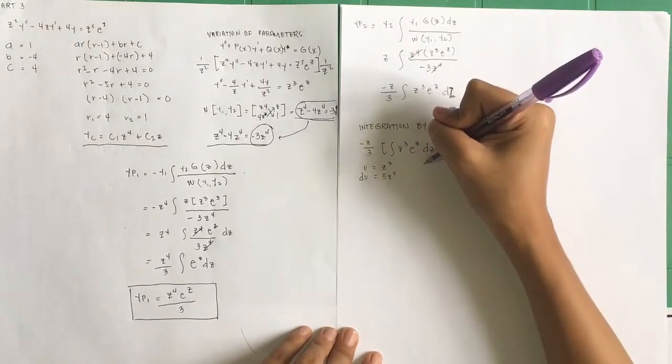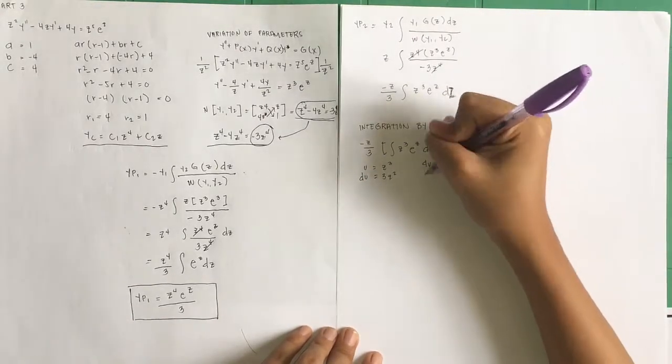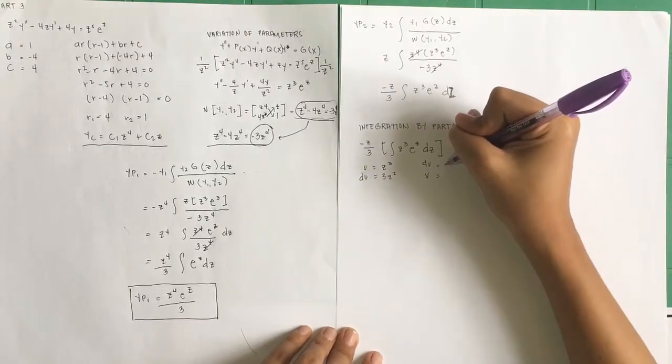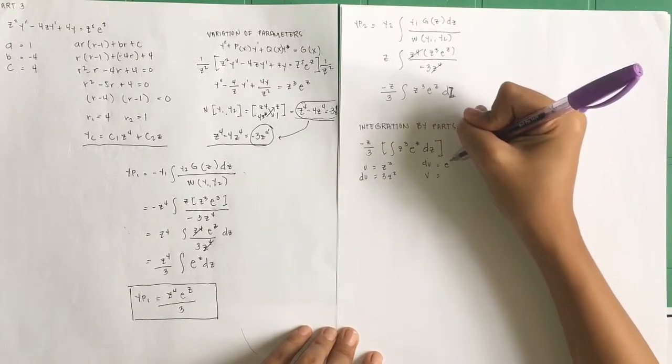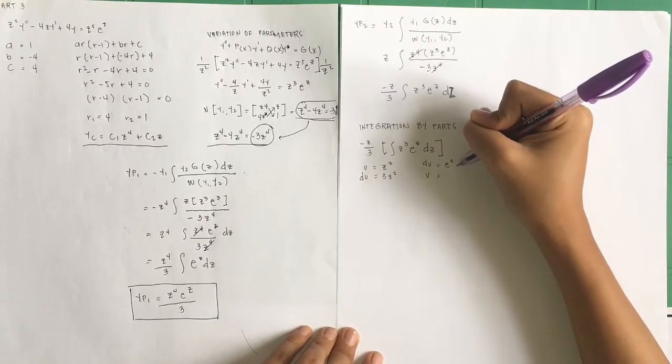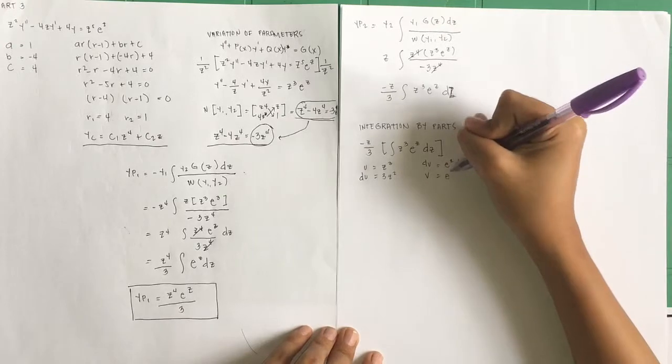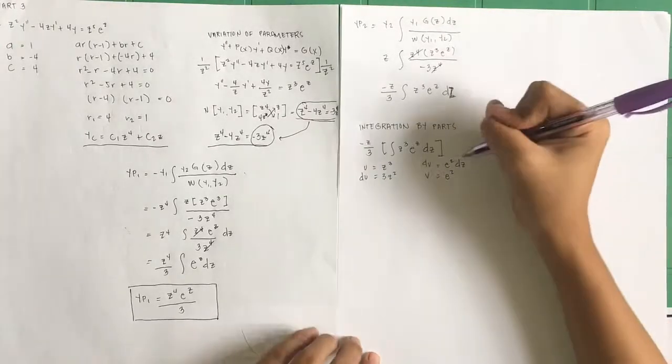Then write the dv and v. dv is equal to e raised to z dz, and v is equal to e raised to z.